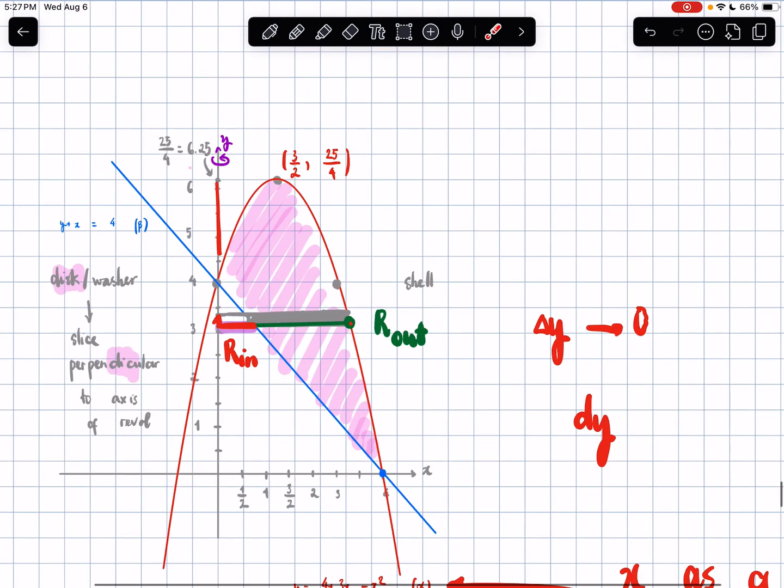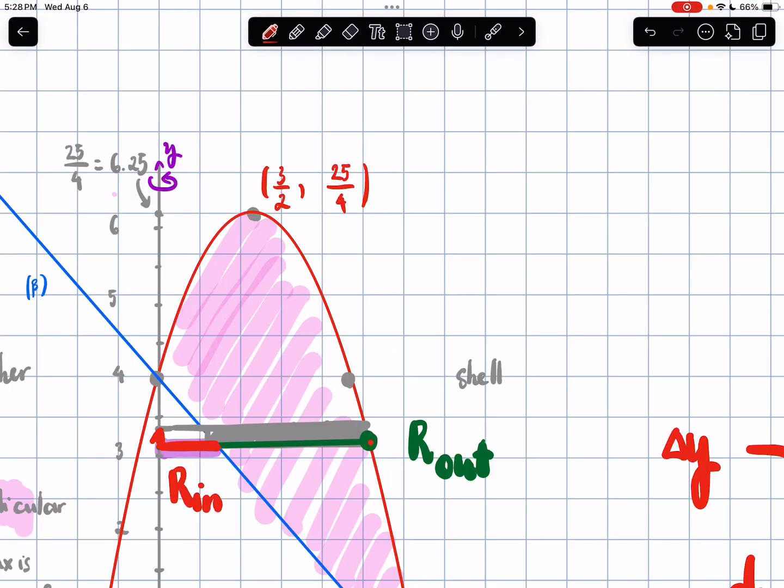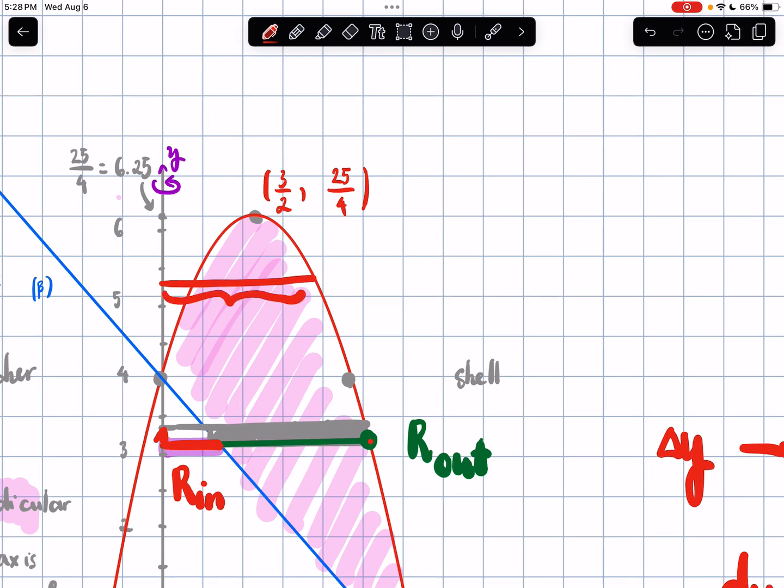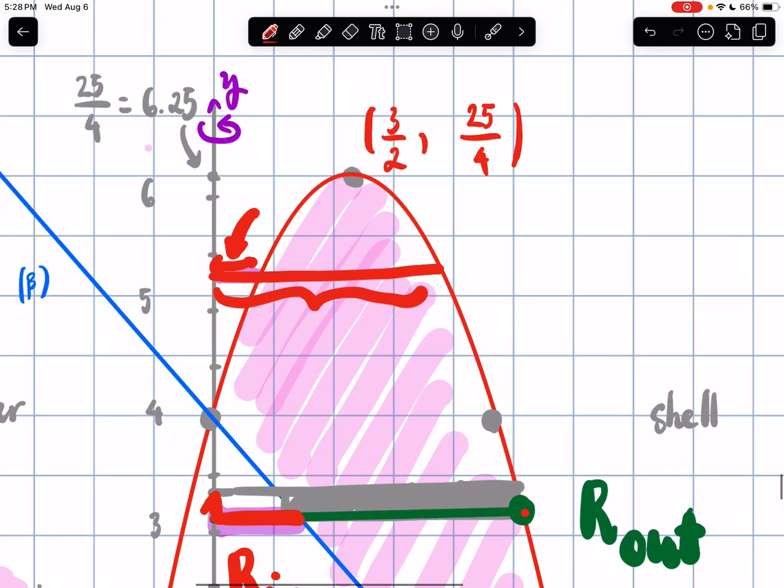The second thing, if we look at this piece over here, the outer radius is this distance from here to here. The inner radius is from here to here, this distance. So for the same value of y, we have two corresponding points on the same curve.